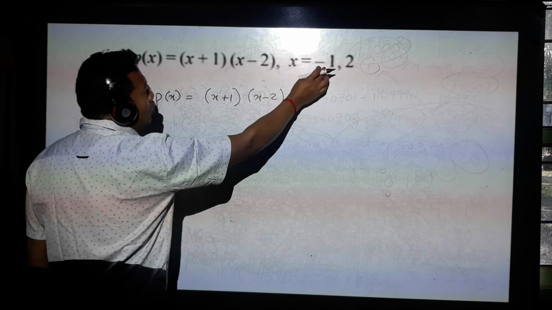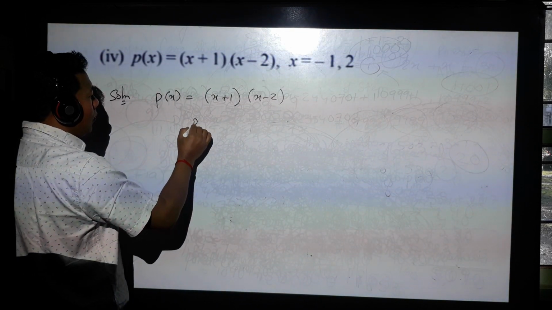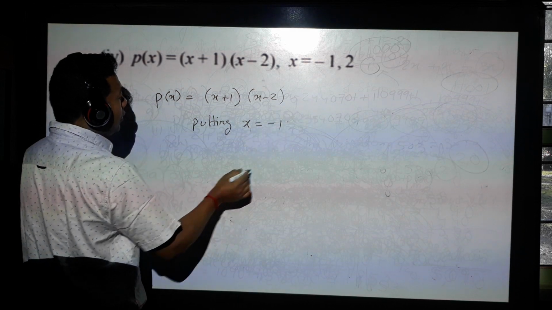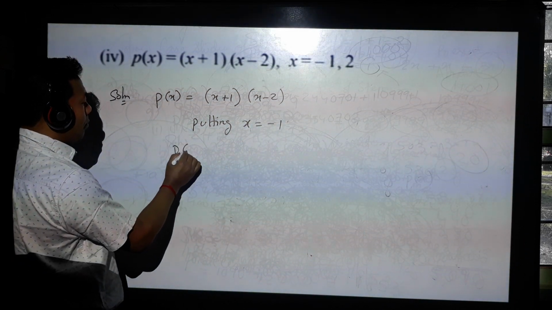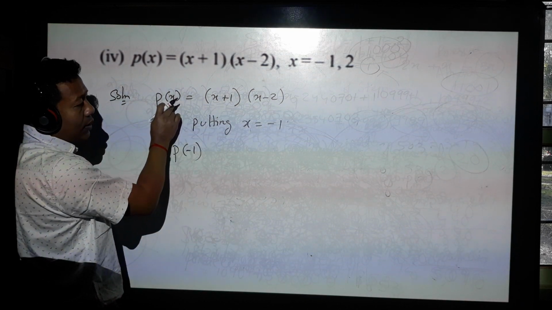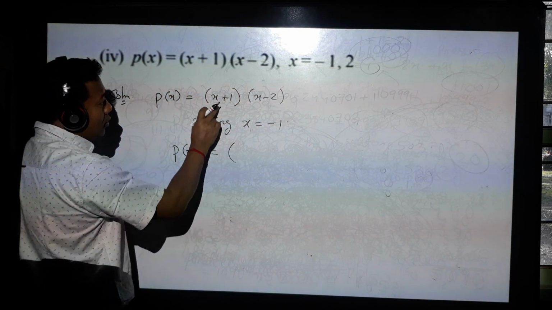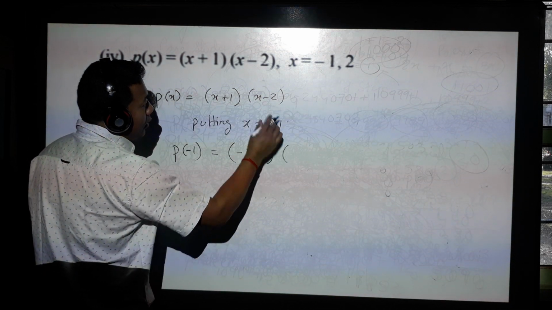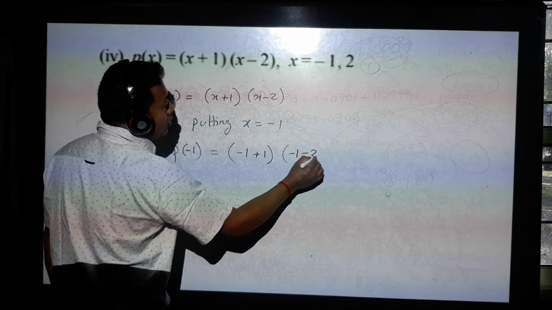Now let's put x equal to minus 1 first of all. Putting x equal to minus 1, what do you get here? P of minus 1. Instead of x, you have put minus 1, so here also you have to change it. Equal to, instead of x, you put minus 1 plus 1, and then here also, minus 1 minus 2.